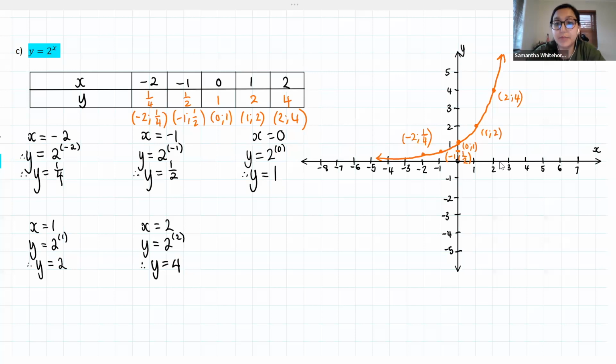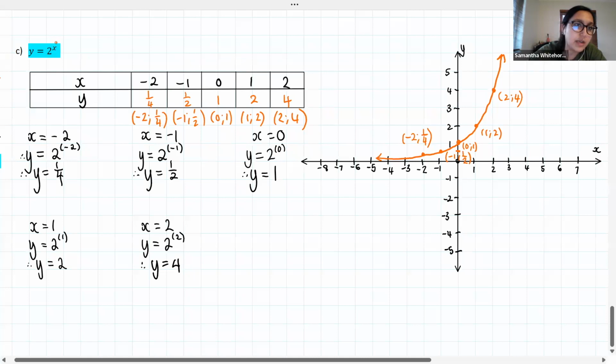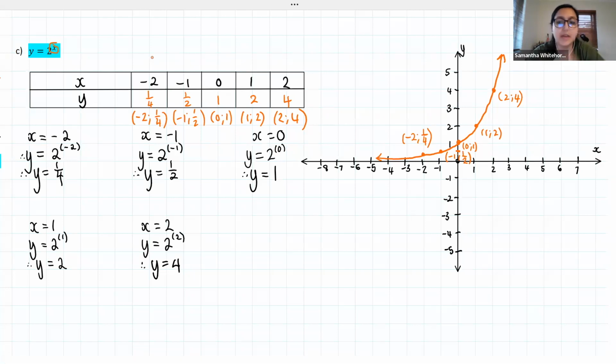So this type of graph has a lot of real world applications for us. And it's called exponential because mathematicians aren't super creative sometimes. There's an x in the exponent and it creates this curve going upwards. So this one has a lot of real world applications, particularly with things like population growth, and we can graph out that relationship.